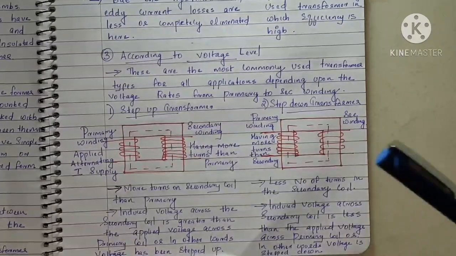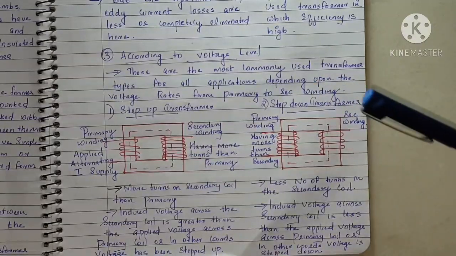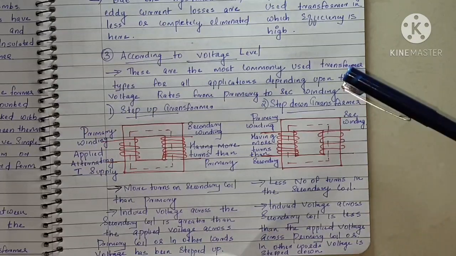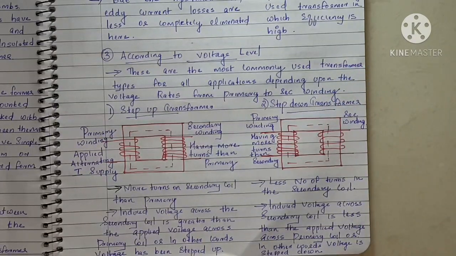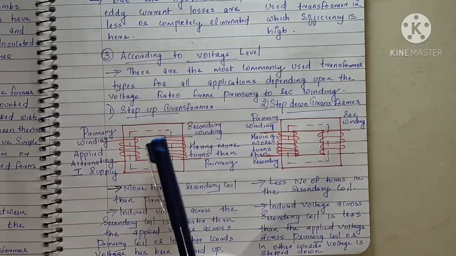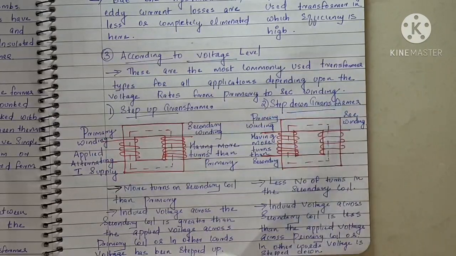The third classification of a transformer is according to voltage level. These are the most commonly used transformer types for all applications, depending upon the voltage ratings from primary to secondary. According to voltage level, they are classified into two types. One is step-up transformer and the second one is step-down transformer.